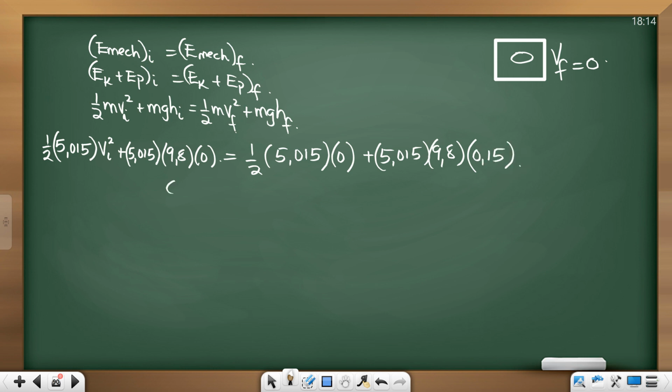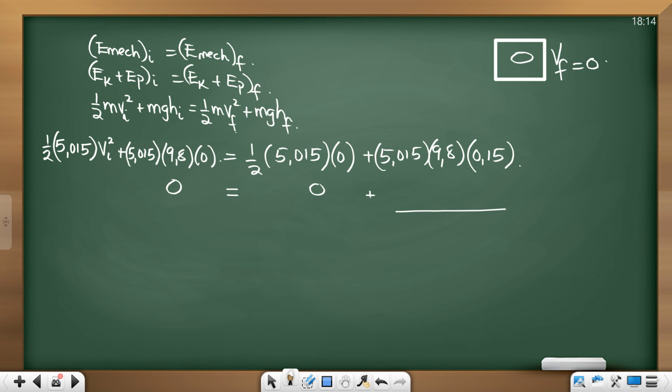Let's do the math now. Look, this is 0. Don't even waste time. That is 0. What is half of 5,015? Everybody, we're working. Somebody give me an answer for the one on the right: 5,015 times 9,8 times 0,15.